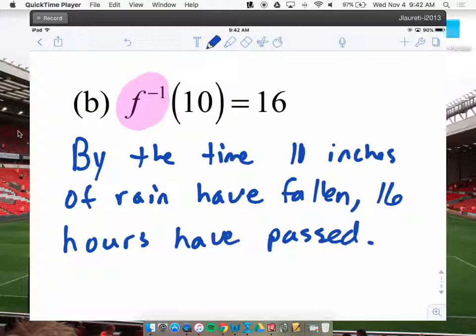Something along those lines. The only way I would write it more in this order is because you want your independent variable first and then your output second. That would be my only recommendation for that.